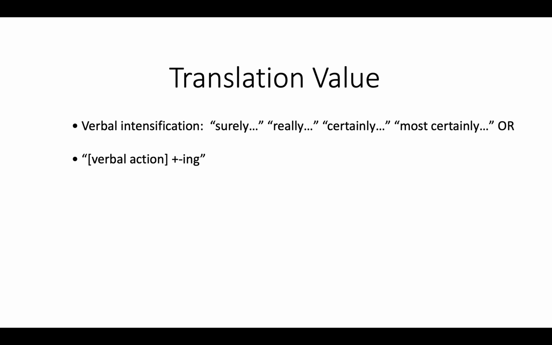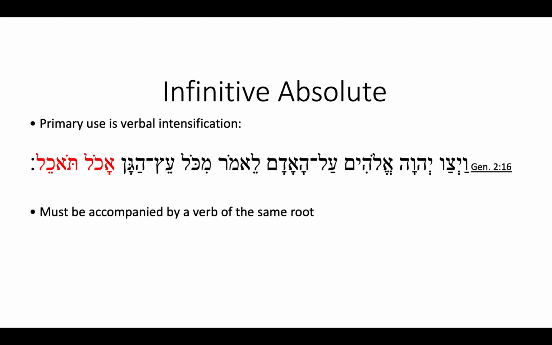Going back to this translation, we have to figure out how to translate this form. So, achol tochel, we have to make it into some sort of an intensifier. I would go with something like: from all the trees of the garden, from every tree of the garden, you may certainly eat, or you can surely eat, or, more colloquially, yes, you may eat from every tree in the garden.